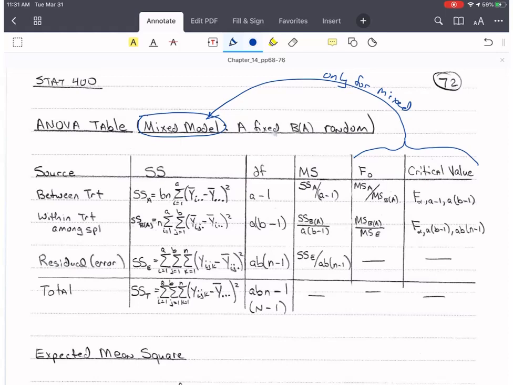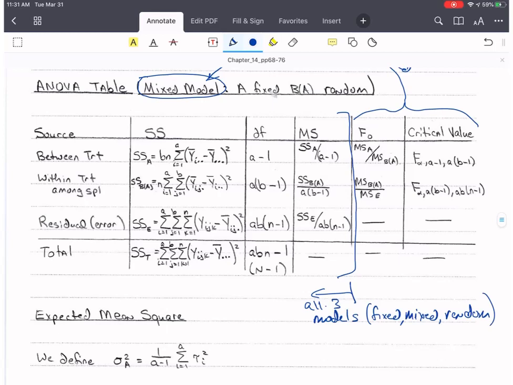All right, so here's our Anova table. And so again, for all three models, the first four columns are good for all three models: fixed, mixed, and random.